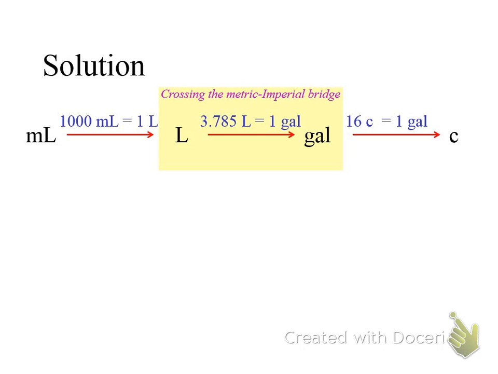So setting this up to work it, the first term's going to be the milliliters, that 275 milliliters over 1 that we want to convert. Then we want milliliters to cancel, so we're going to put 1 liter over 1,000 milliliters for the next term.